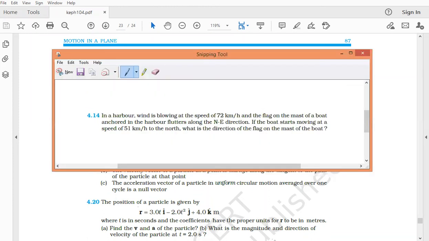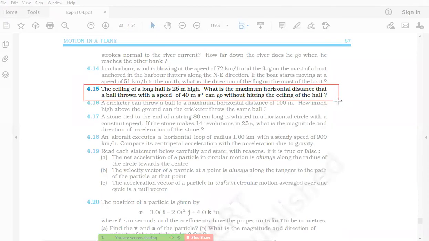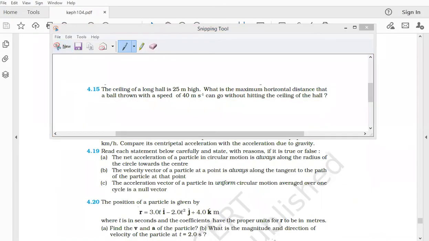Okay, this one is also easy. 15th one. The ceiling of a long hall is 25 meters high. What is the maximum horizontal distance that a ball thrown with a speed of 40 meters per second can go without hitting the ceiling of the hall?